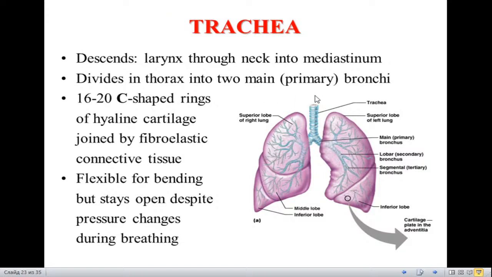The trachea has a cervical part and a thoracic part. It consists of 16 to 20 C-shaped rings of hyaline cartilage joined by fibroelastic connective tissue. So this is not O-shaped cartilage but C-shaped cartilage.